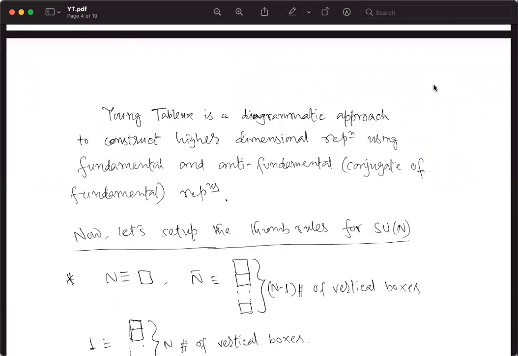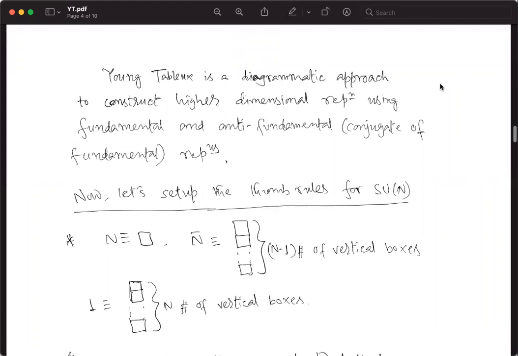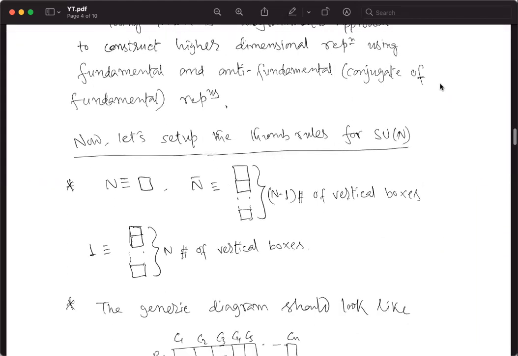So either we write 2 bar, or sometimes we avoid writing 2 bar explicitly and just write 2. Now we'll set up some rules of thumb for SU(N) specifically, to get an idea how to construct those higher dimensional representations diagrammatically.